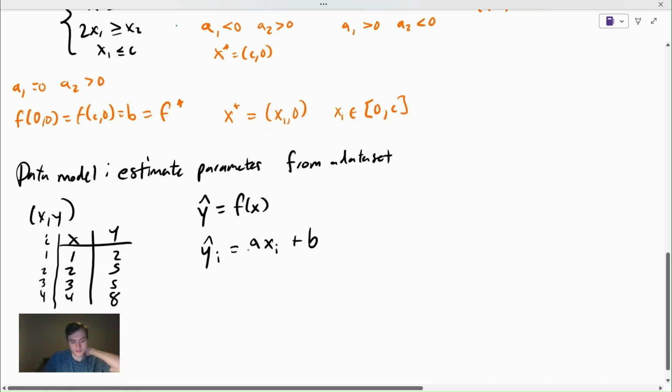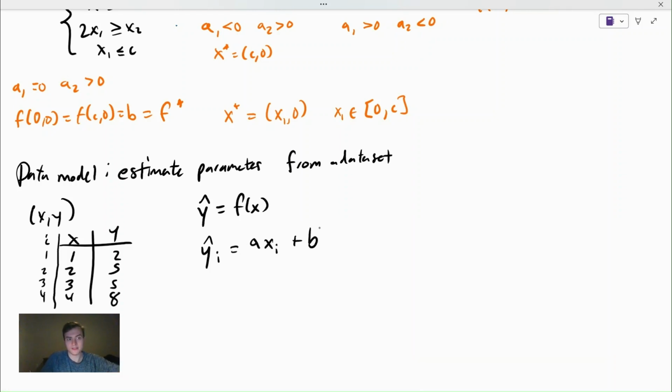But now we want to ask how to choose a and b. That's where the data model comes in. We have to have an estimation technique, which is like how we choose the objective function. And in linear regression, that's least squares. So in least squares, we're trying to minimize the sum of squared error, right?